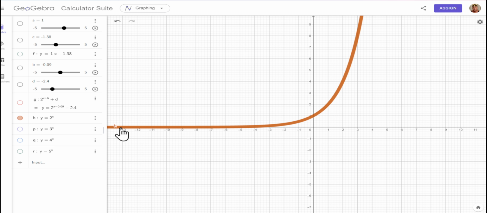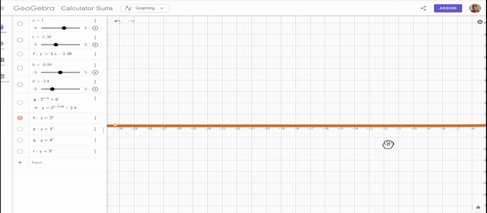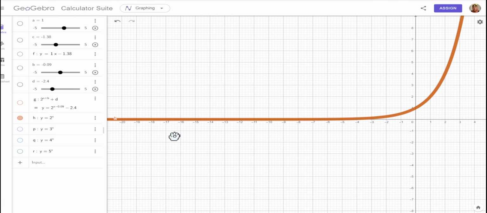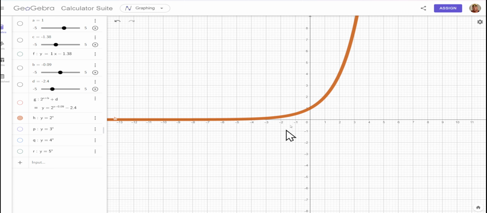It's an asymptote, which means it's going to get really, really close to the x-axis as we go on for infinity, but it never quite gets there. And notice where it crosses the y-axis. It crosses it at 1. So think about why that is.